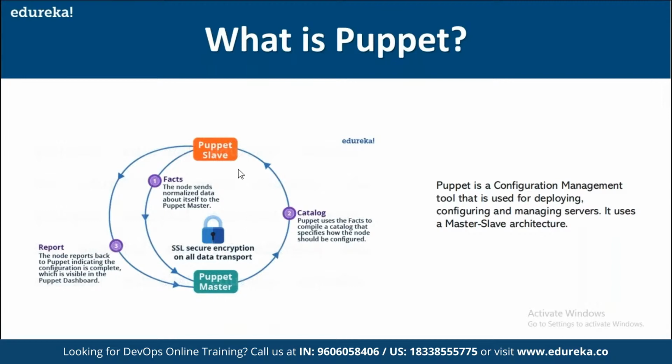Let's say you want to create a file on your slave. You write the code here, and Puppet pulls the code every 30 minutes and that file gets created. These slaves can be from 100 servers to 200 servers. On all the servers, the file will get created. You write one single code on the master machine.